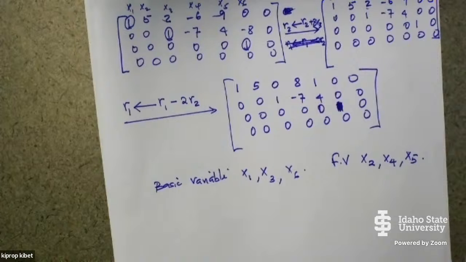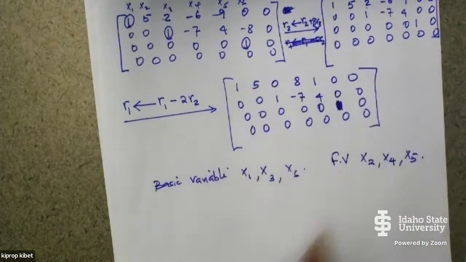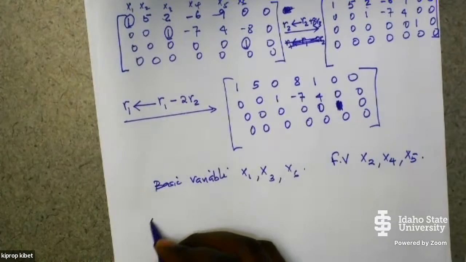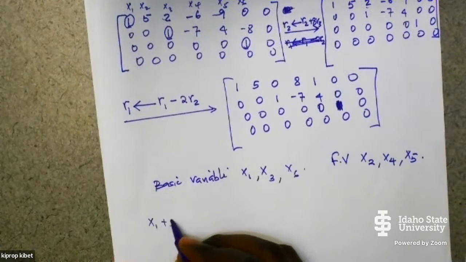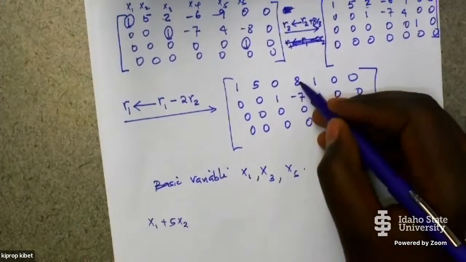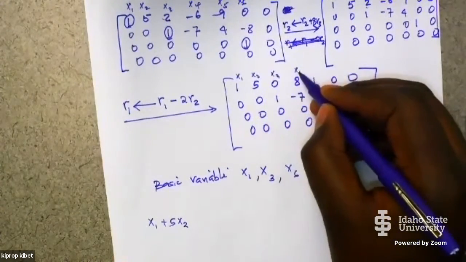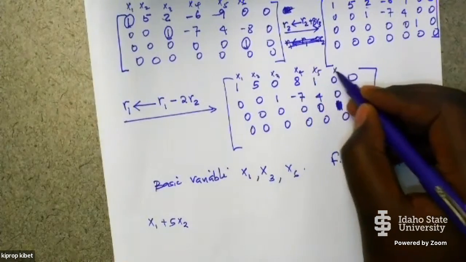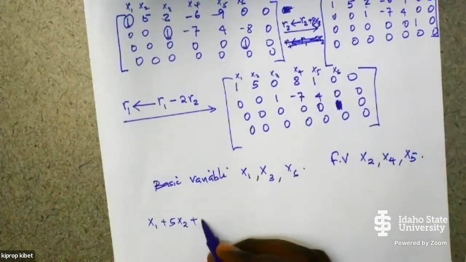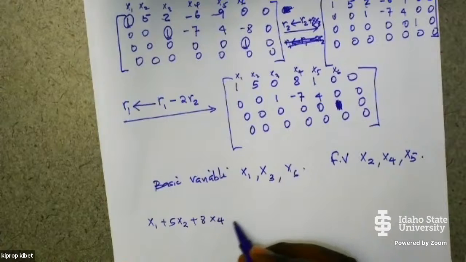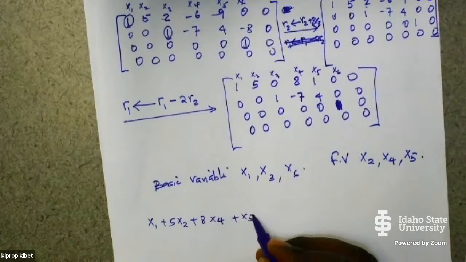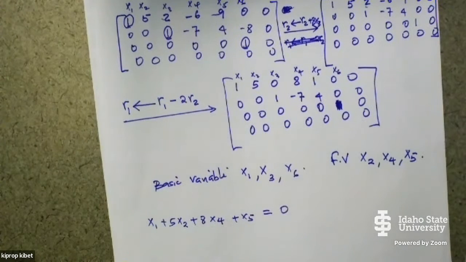Now, our new linear system will be x1 plus 5x2 plus 8x4 plus x5 equals 0.